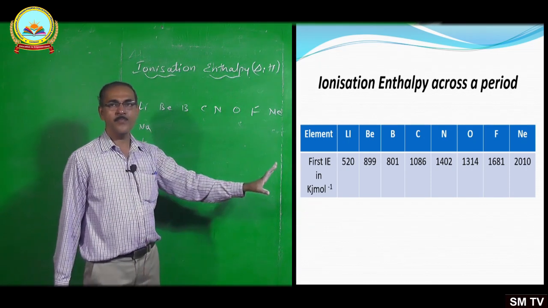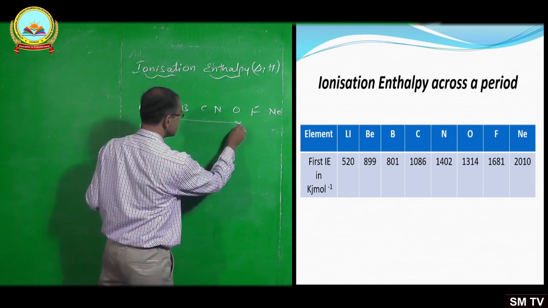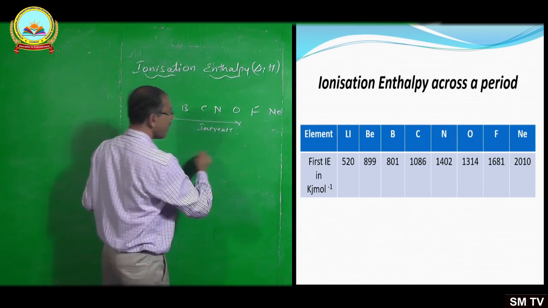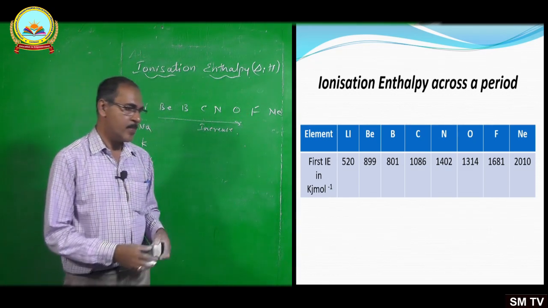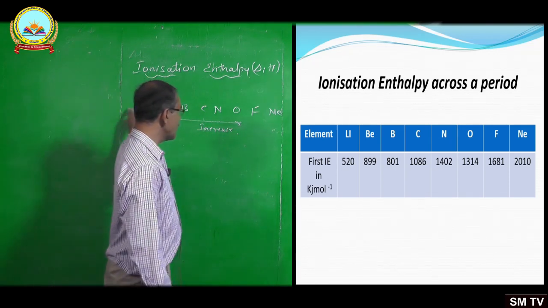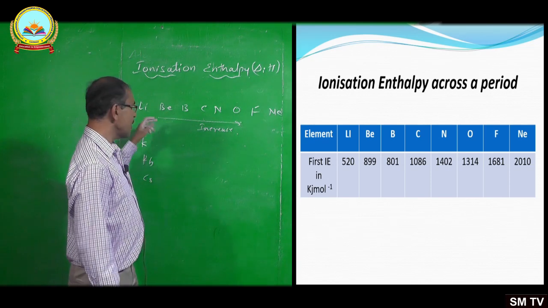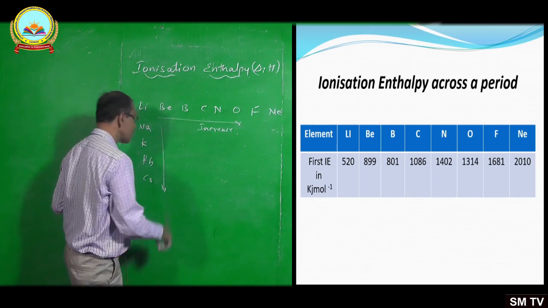In general, ionization enthalpy increases across a period. To remember, what is the general trend? In general, ionization enthalpy increases across a period, right? Then, what is the trend down the group?